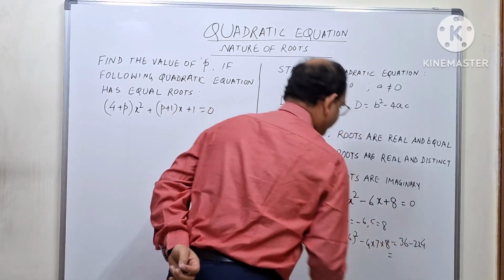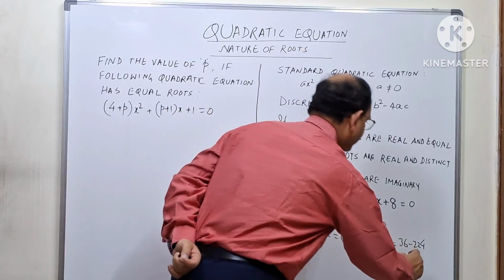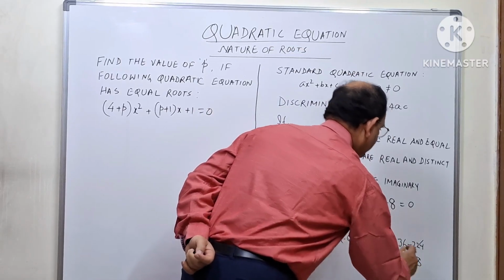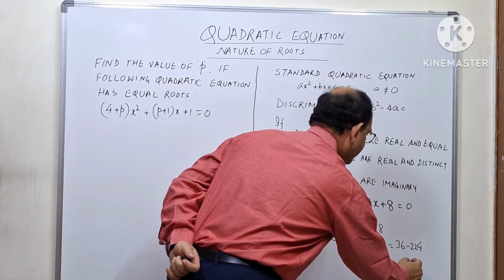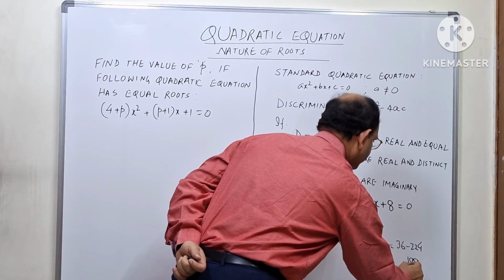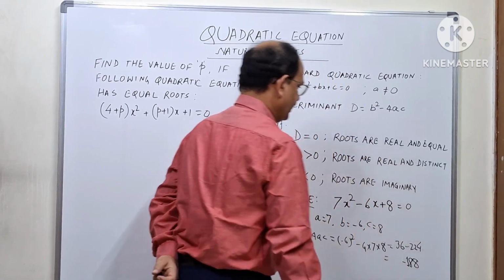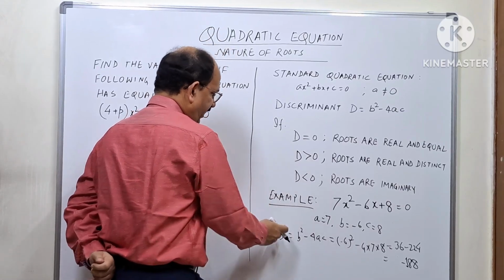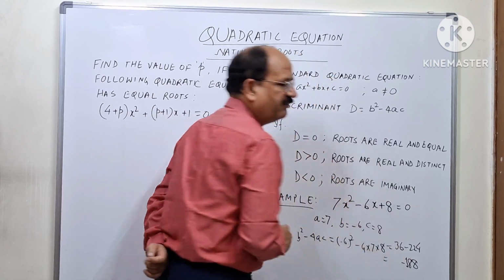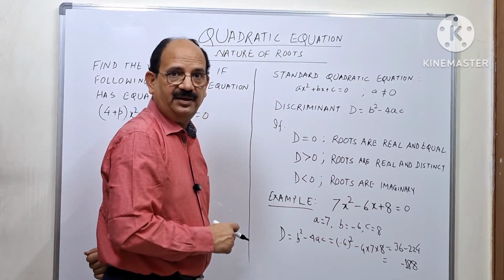And therefore, this discriminant will be equal to minus 188. So what we are finding? We are finding that discriminant is coming negative, minus 188.